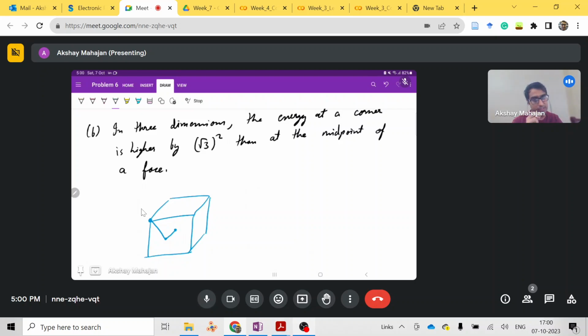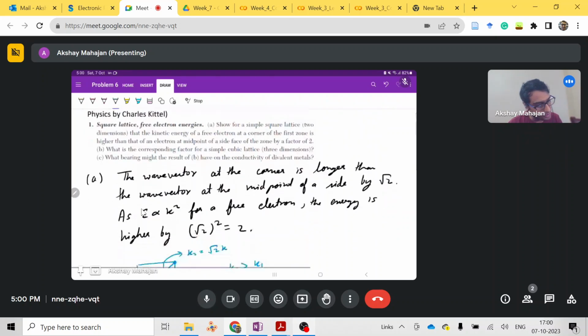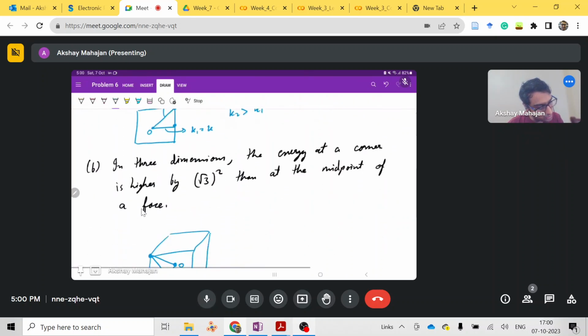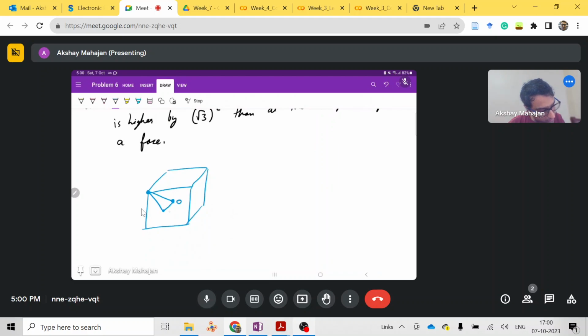So this is in 3 dimensions. Now the length of this k vector will be taken from this center point, from this gamma point, the 0 point. So this k1, which is at the middle, let's say k1 is some k value.